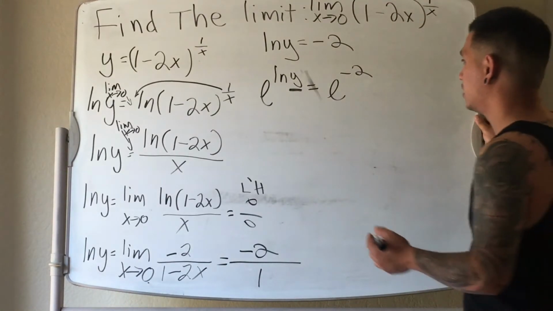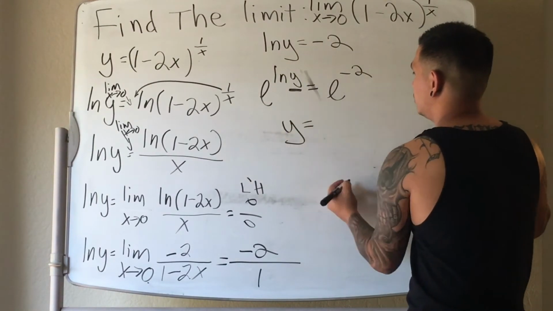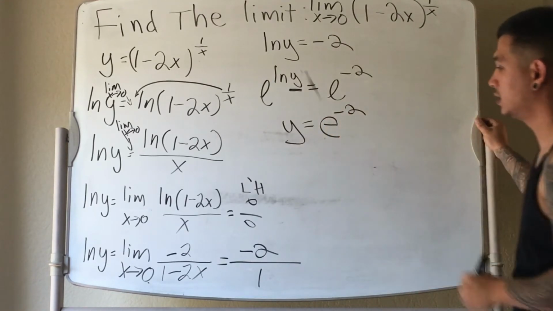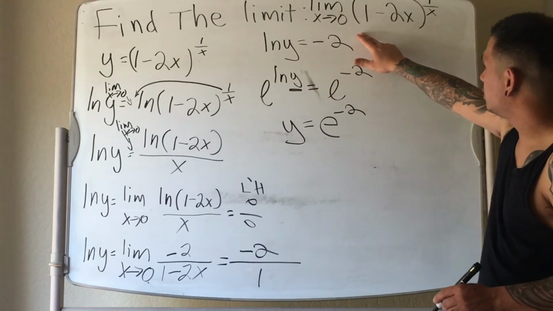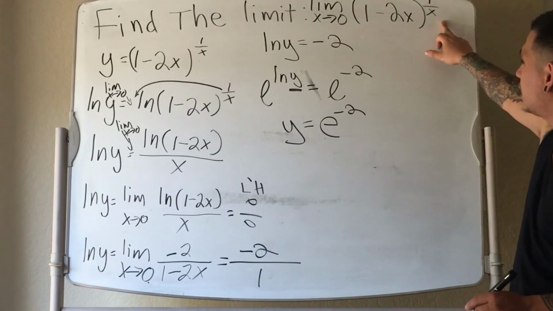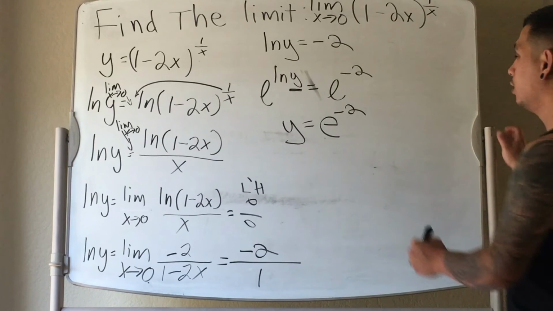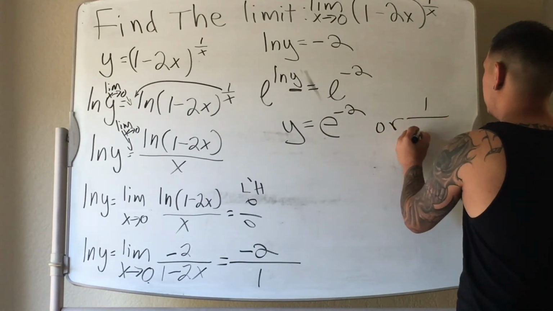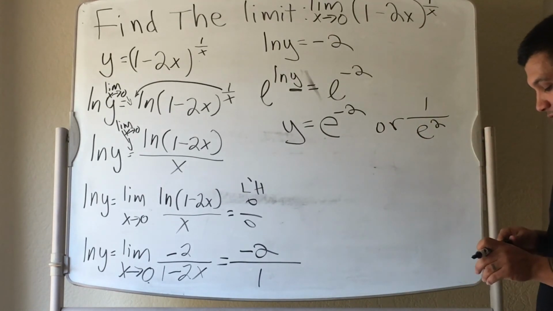I've proved that. So y is equal to e to the negative 2. So the limit as x approaches 0 of (1 minus 2x) to the 1 over x power is e to the negative 2, or 1 over e squared.